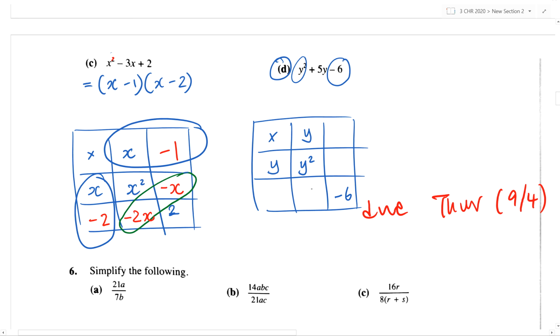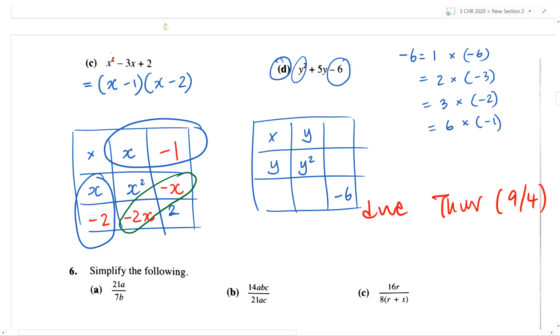So now again we are left with 4 blanks. We break up the negative 6 into its factors. We have 1 times negative 6. We could also have 2 times negative 3, 3 times negative 2, and 6 times negative 1. So these are the options we have.